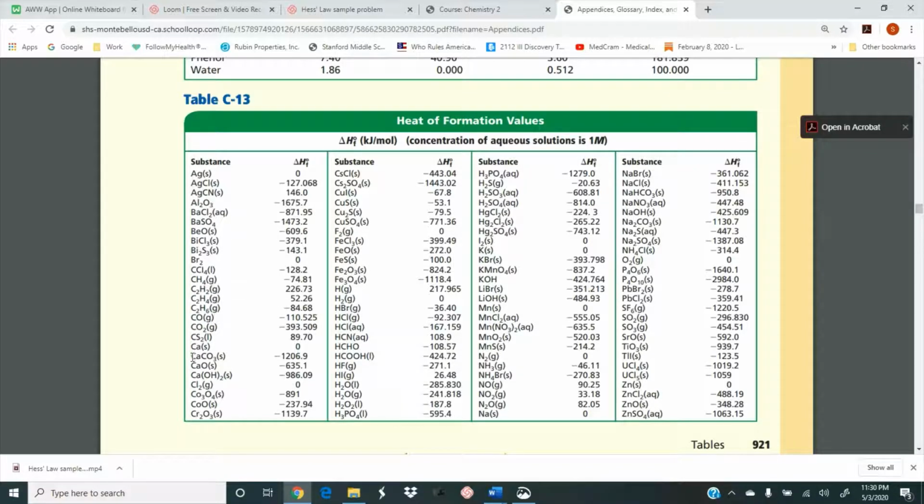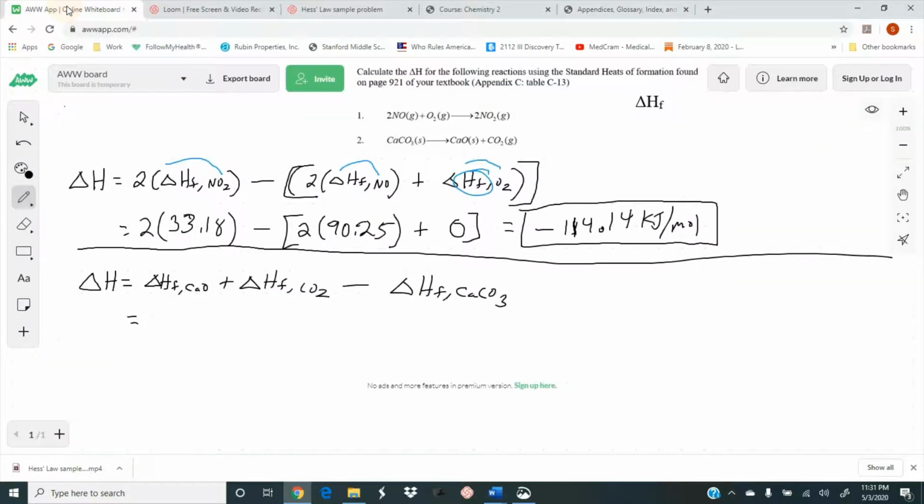Right here. I was worried that it wasn't going to be here. Calcium carbonate is negative 1206.9. Oh, wait. First thing we're looking at is calcium oxide. Negative 635.1.